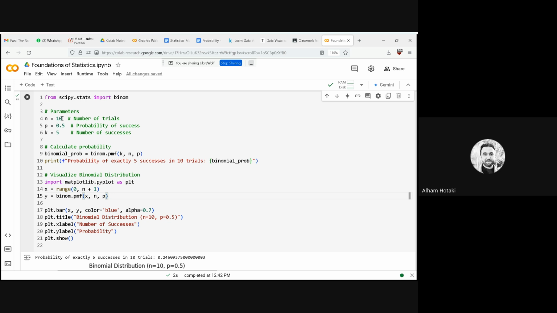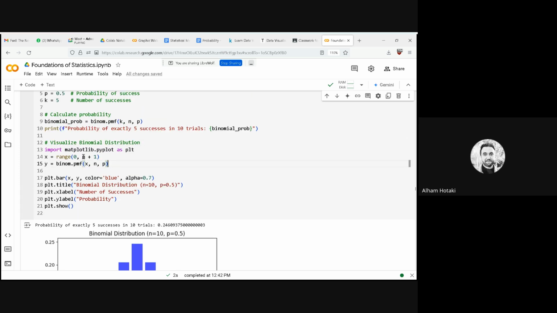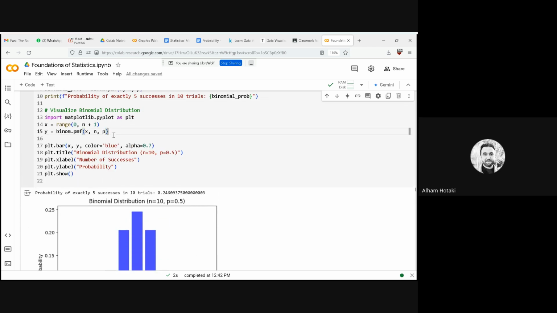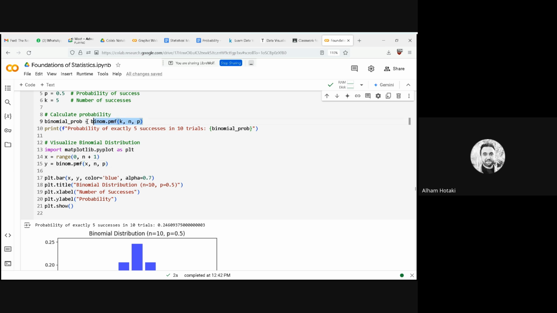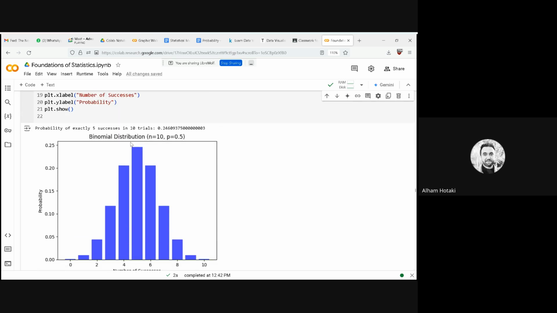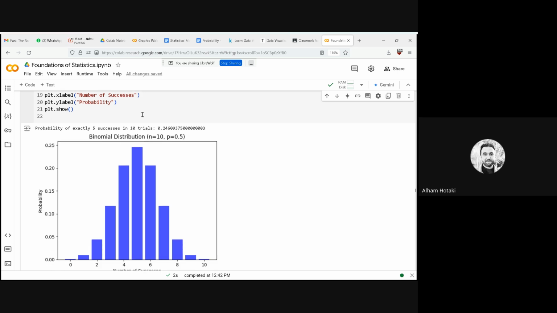If you want 10 included, then you have to put n plus 1. So this is how we created a range of x, then a range of y. This formula, we just put it in y, and then we visualize this, and we saw how much is the probability of getting 5 hits.